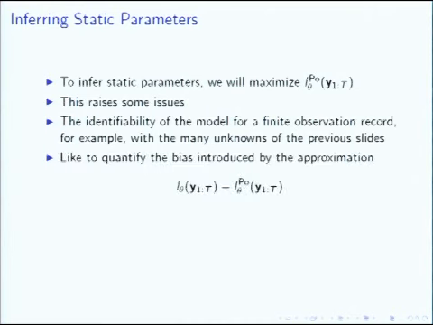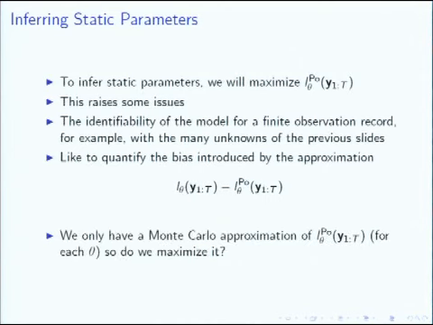That's the first issue, which is not really so important because it's a function of the problem we're dealing with. The second one is more important. We want to quantify the bias introduced by maximizing the approximation as opposed to the truth. This is far more important. And the third issue is that we only have a Monte Carlo approximation of the likelihood. How do we maximize it?